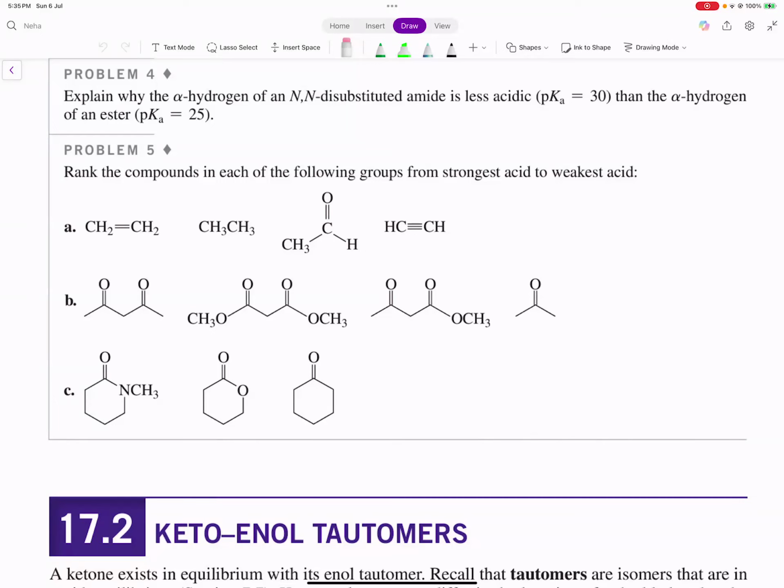The alpha hydrogen is bonded to the alpha carbon. So let us say I have this ester. So CH2, this is the alpha carbon, and this is the alpha hydrogen.